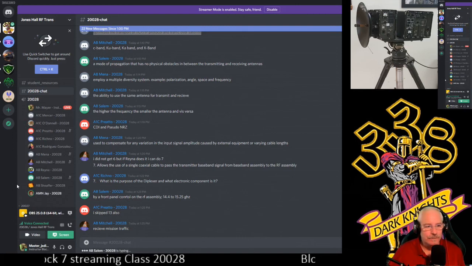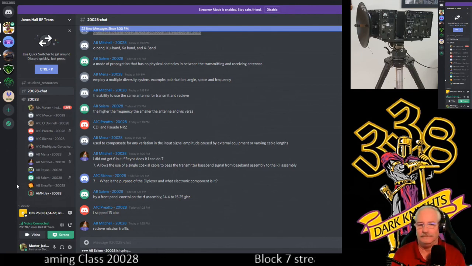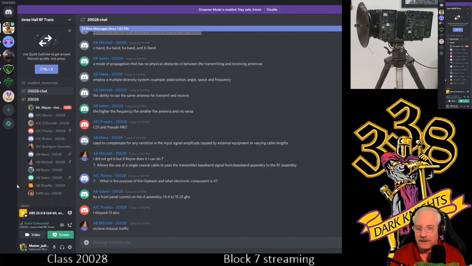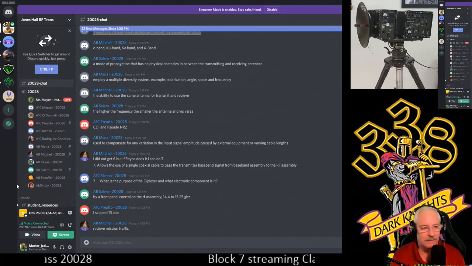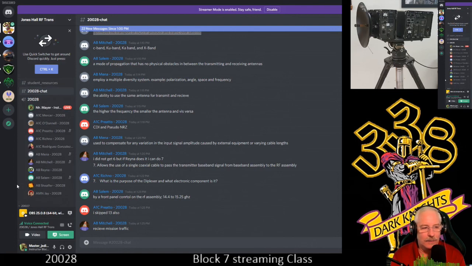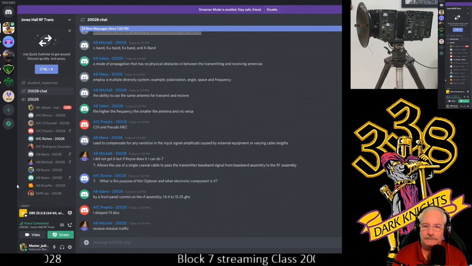What I have written down for 13 is circuit passes diphase digital signals for operation with the group modem, the MD26 group modem. Yep, that's CDI. Yes. Number 14. I struggled to find this one, but is it frequency modulation?